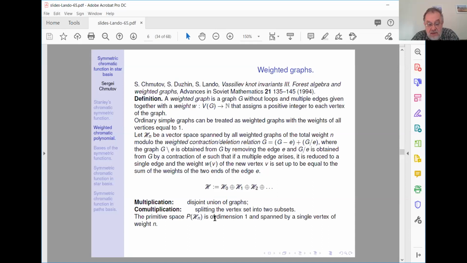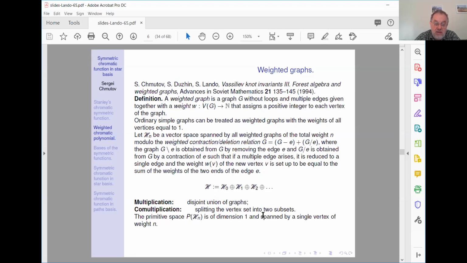And any such algebra turns out to be the algebra of polynomials over the primitive space. And that was basically the main result of this paper, that the primitive space of this Hopf algebra at each degree n has dimension 1.